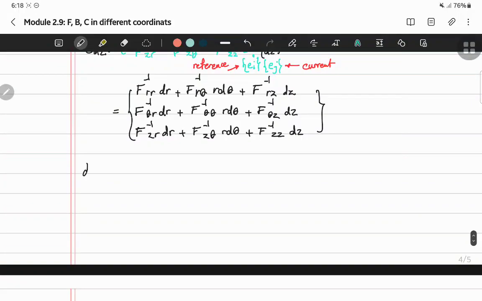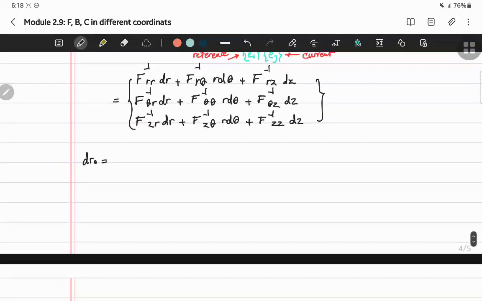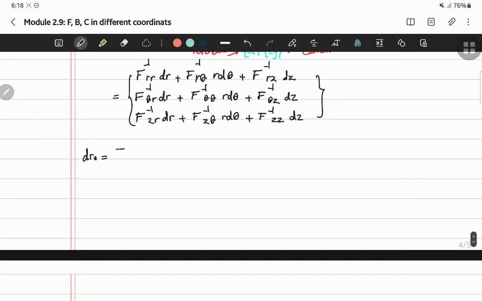So I have dr0 equal to F inverse RR, but I'm going to write it down like ER0 dot F inverse ER, because we know that the first subscript goes to the reference, so ER0.